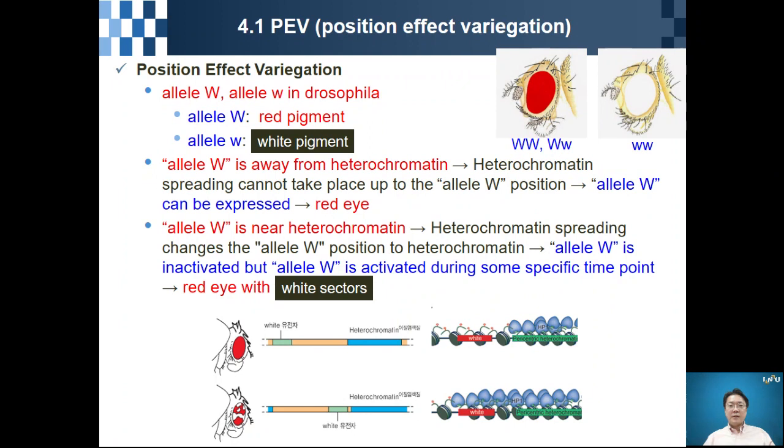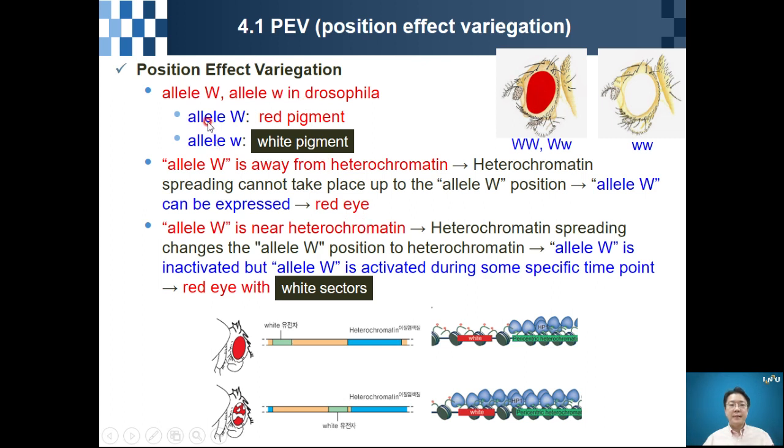So in this slide, I will explain the first subject, PEV, position effect variegation. We learned this concept in chapter 1 briefly, but today we will see some details of position effect variegation. There is a very famous example. We already learned the allele W. Let's start from the allele large W or allele small w in Drosophila.